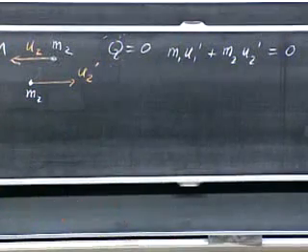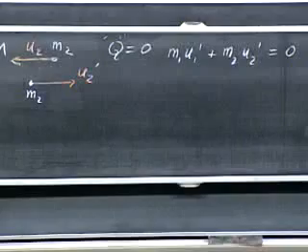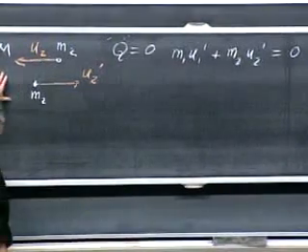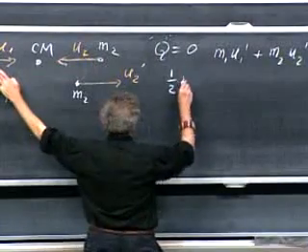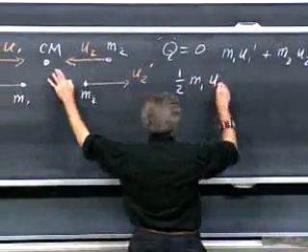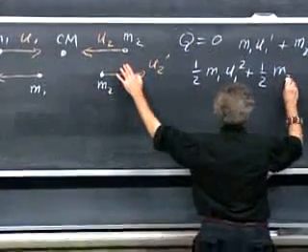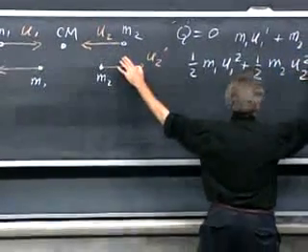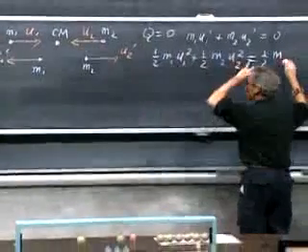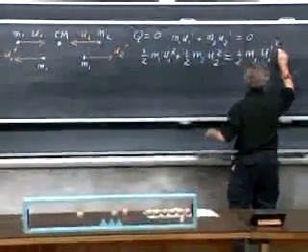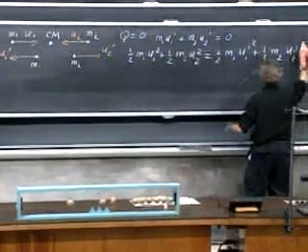I told you I chose the case of a completely elastic collision. Q is zero, and so kinetic energy must be conserved. So I have, before the collision, 1/2 m1 u1 squared plus 1/2 m2 u2 squared, and after the collision I have 1/2 m1 u1 prime squared plus 1/2 m2 u2 prime squared.